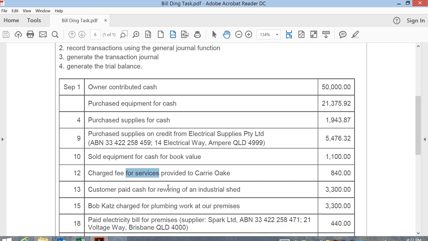Service fees revenue, and the customer has paid cash. Okay, so cash bank is going to increase, it's going to be our debit, and service fees revenue, because it's revenue, will be a credit.